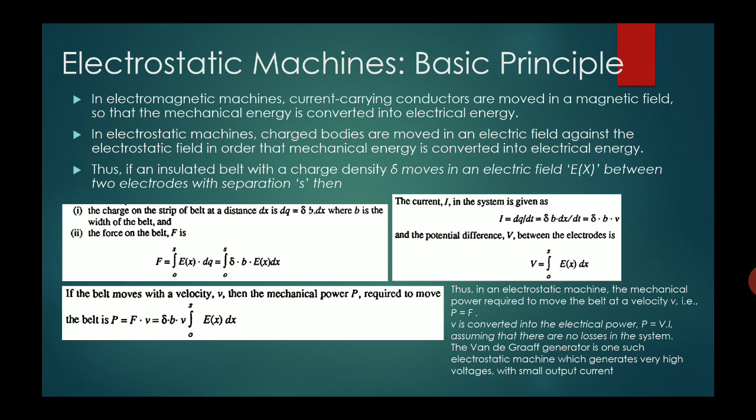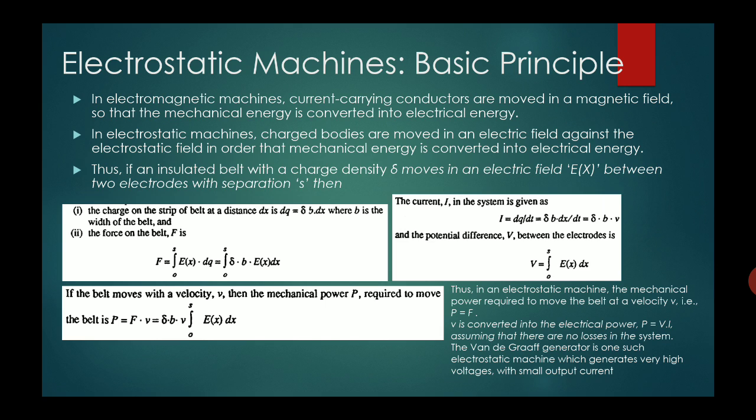For example, consider a belt which has evenly distributed charge density of delta. Consider the width of the belt to be small b, and it is against an electric field E. Then the force experienced by these charged particles would be the particle density multiplied by the area of belt that is crossing that electric field.